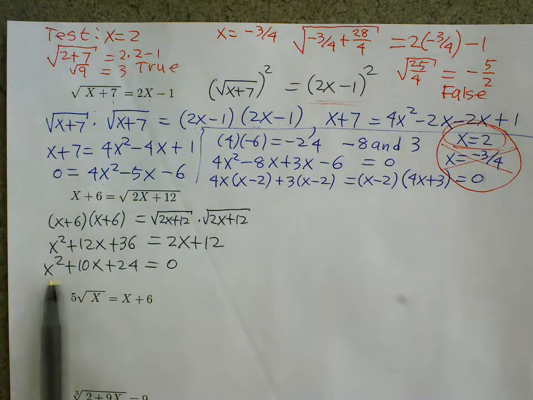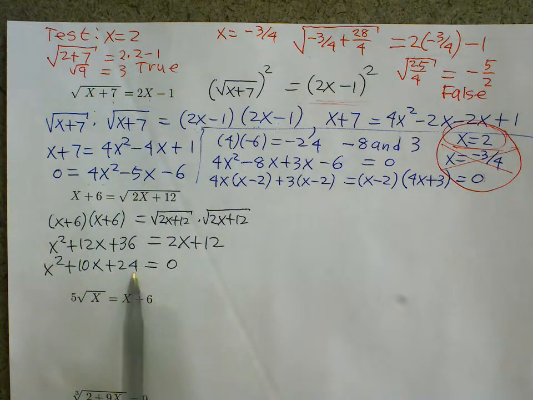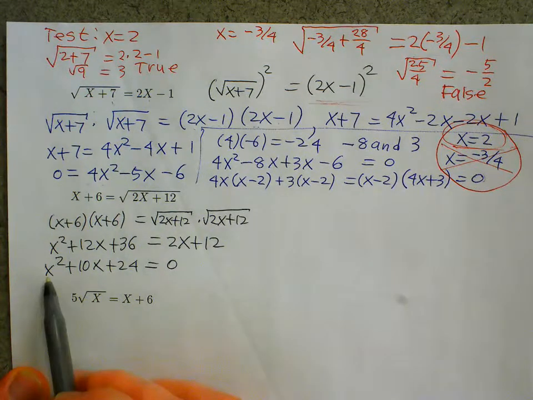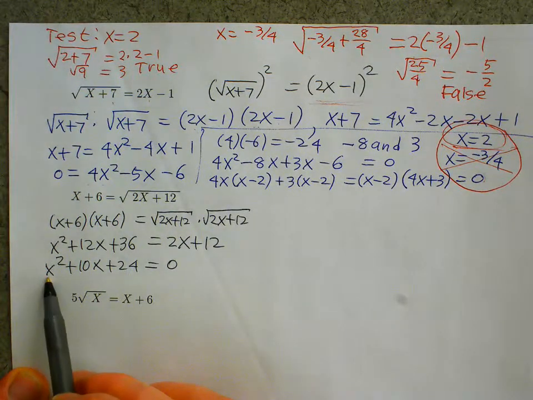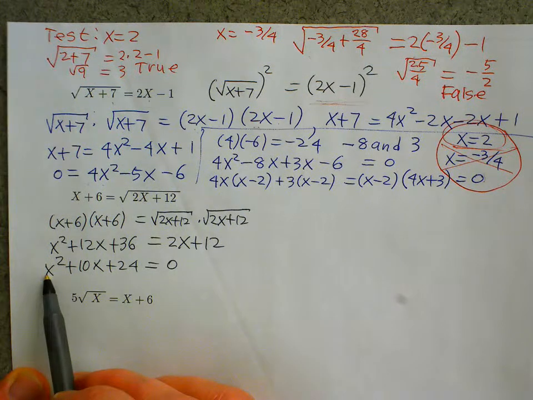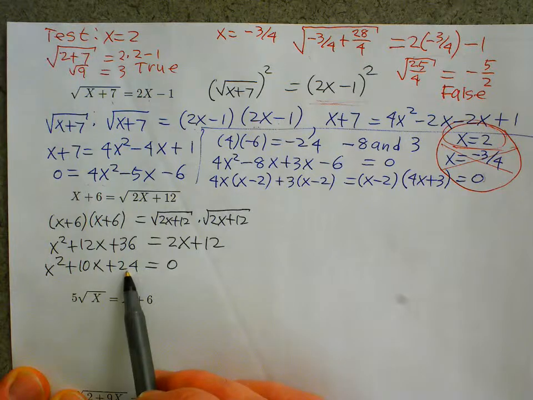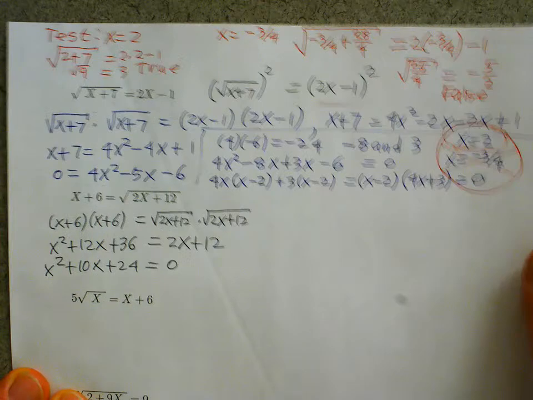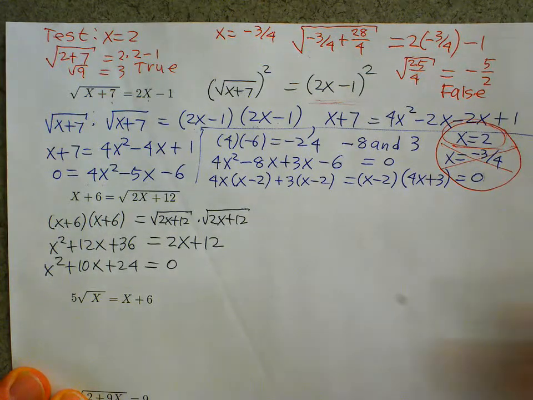And then x squared plus 10x plus 24, we can factor that. We can use the abbreviated AC method. So two integers that have a product of 24 and a sum of 10 are positive 6 and positive 4.